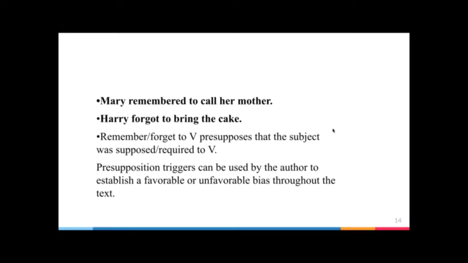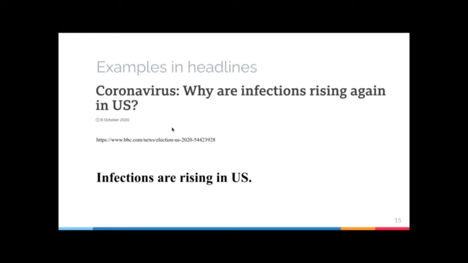So here I have some headline examples of presuppositions. I had a headline from BBC: "Coronavirus: Why are infections rising again in the US?" So we can presuppose from here, and there are many levels, that if you are reading this headline, you can read English and you have access to a newspaper, but also that there is a disease called coronavirus, right?